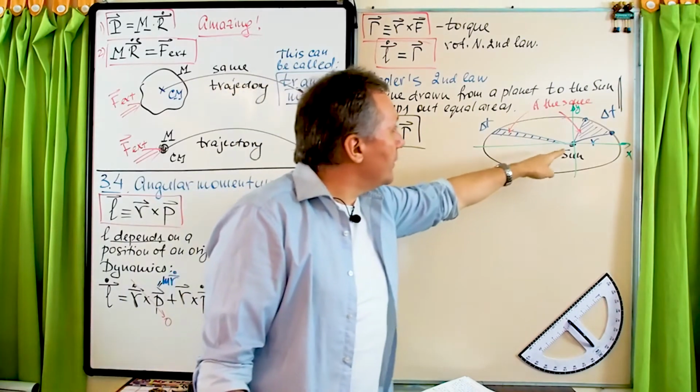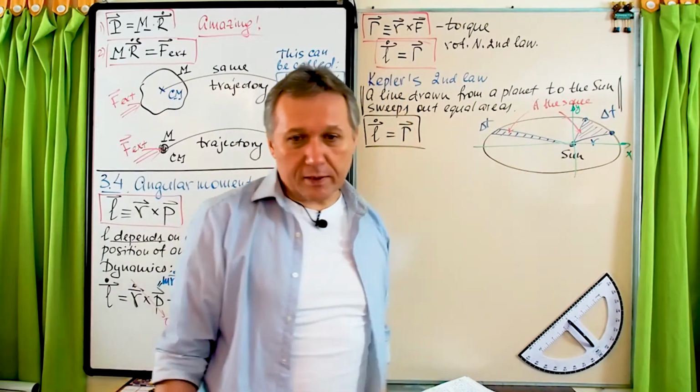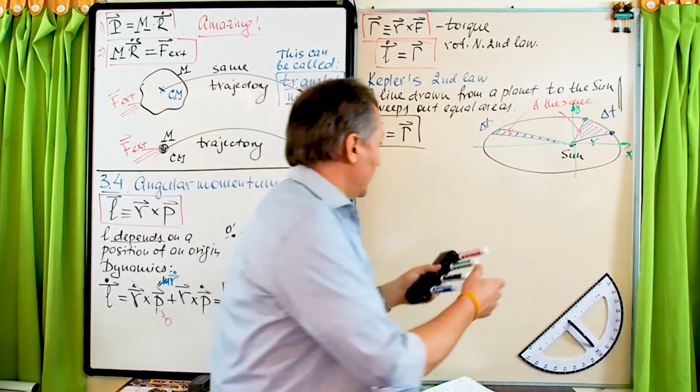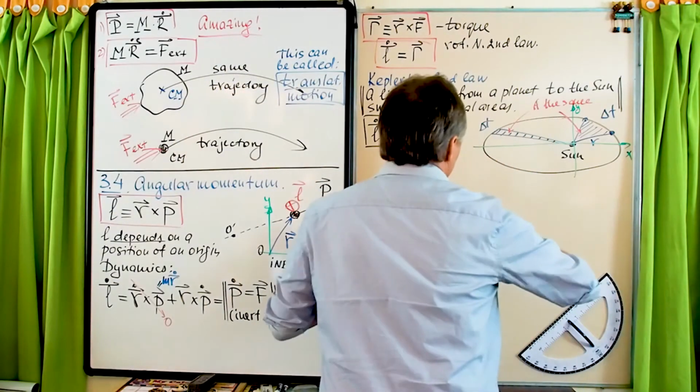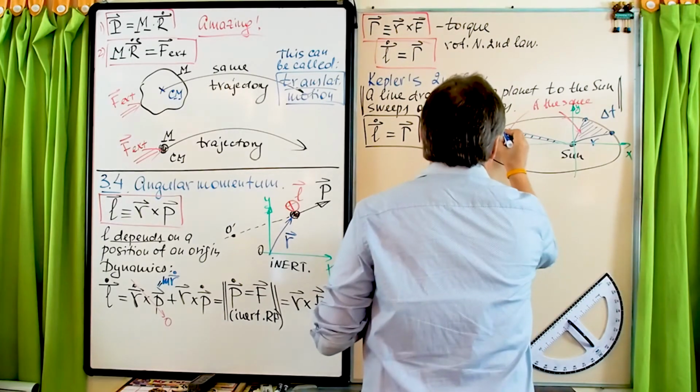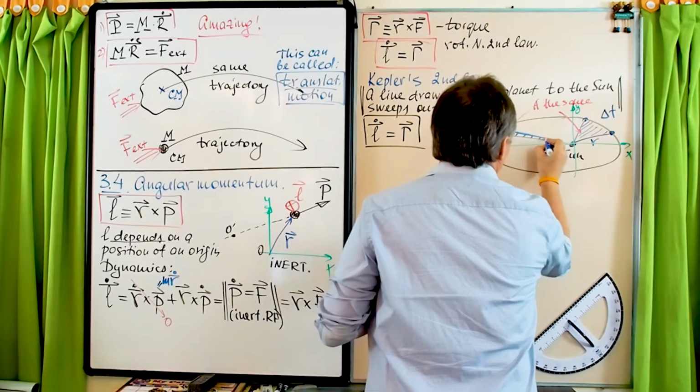So if we position the origin at the place of the sun, then let's say I draw it here. So this is R. Let me look at this point.